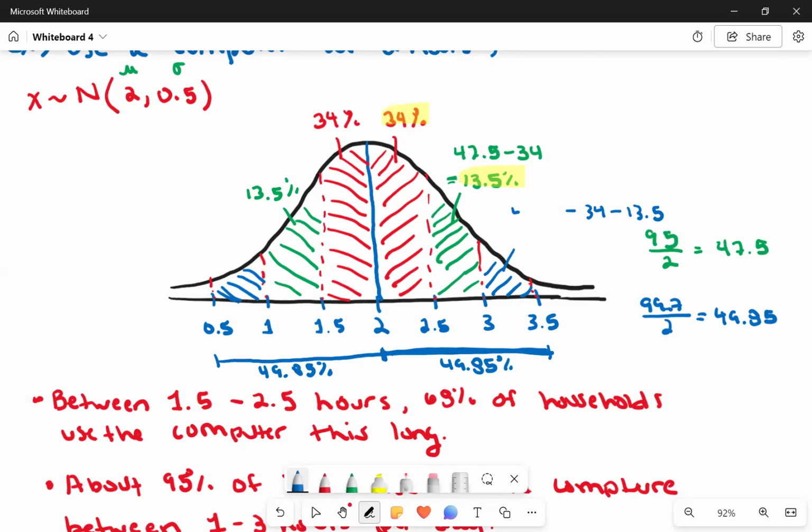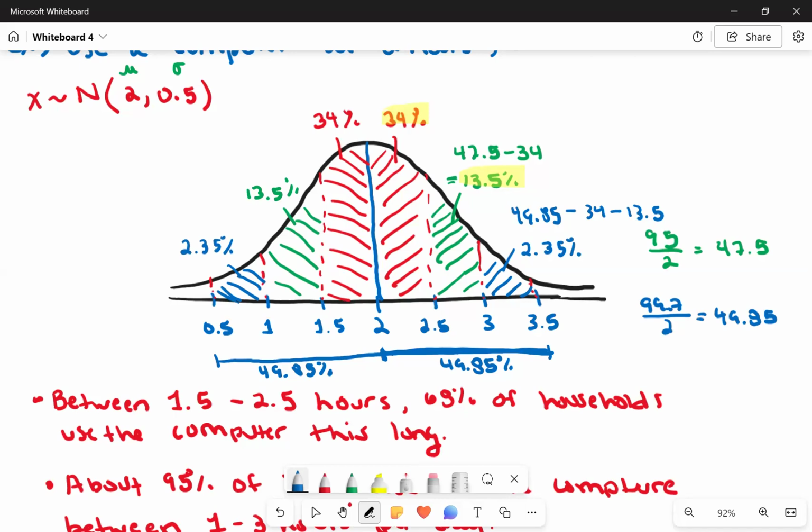Let me try to clean it up so it's a little bit more readable. 49.85. Okay. Get my calculator. 49.85 minus 34 minus 13.5 gives me 2.35. So this little blue area represents 2.35%. And this blue area also represents 2.35%. So notice the percentages are going down the further away we get from the mean. That makes sense because data is less likely to be that far away from the mean.